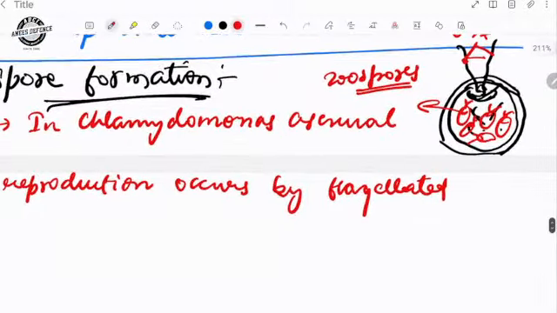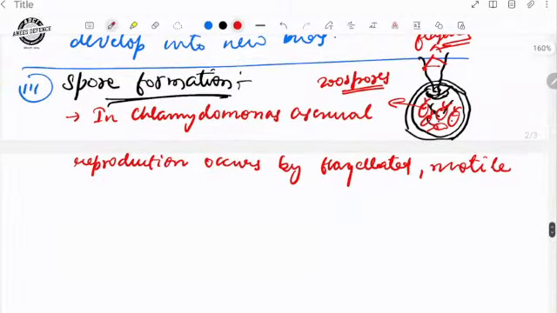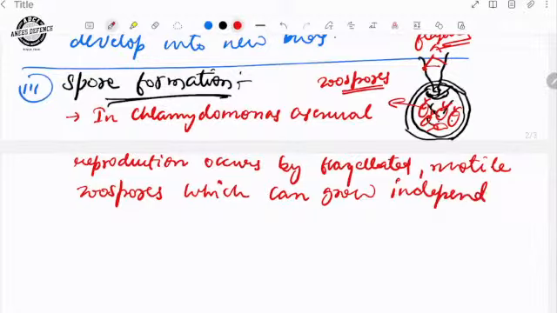You have to know what this term flagellated means. These flagella help in locomotion. Therefore, we can consider these spores as motile zoospores. After bursting, when they come out of the parent's body, they can grow independently into new individuals.